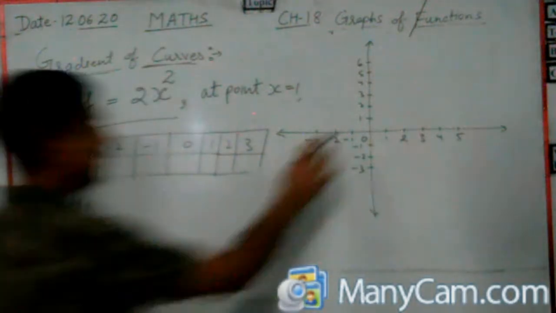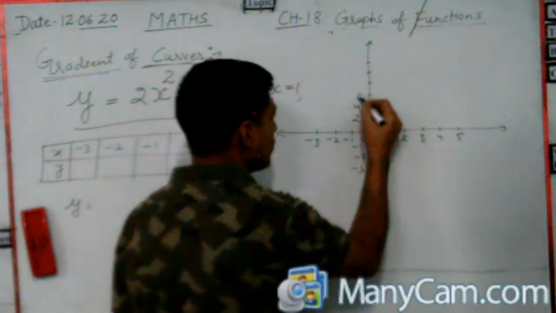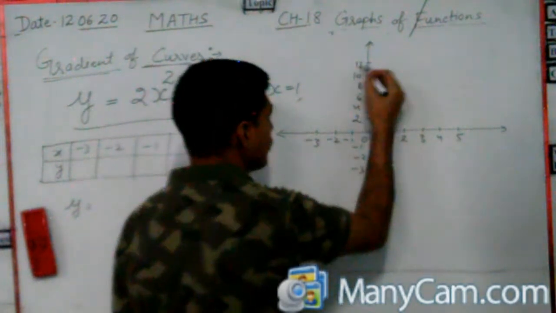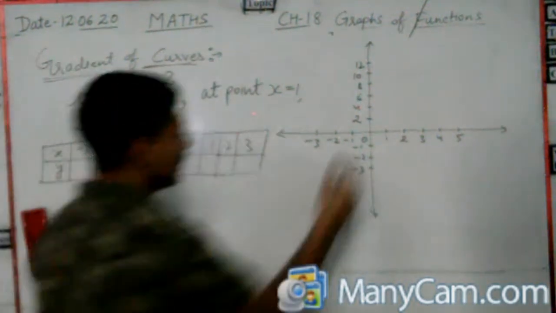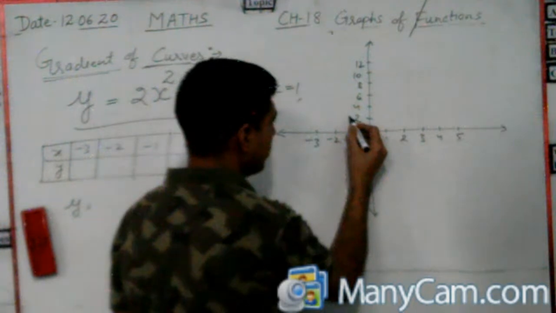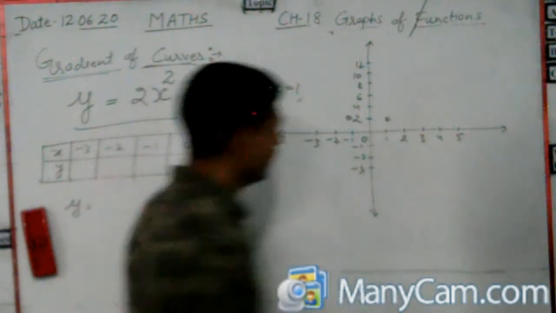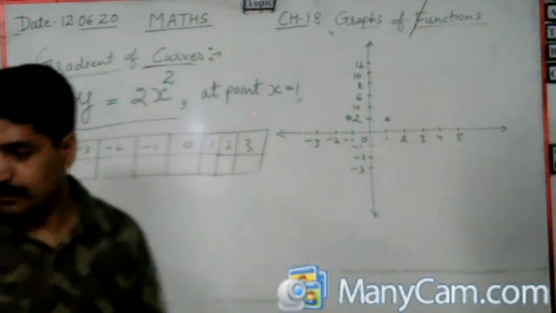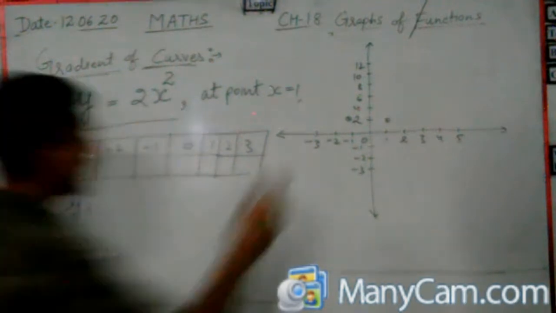They have taken the scale 2, 4, 6, 8, 10 and 12, and after substituting the values, they have started here with the point 1 and 2, and then we have -2 and 8.